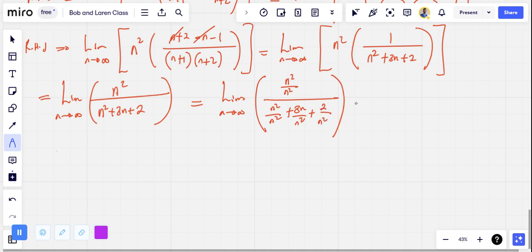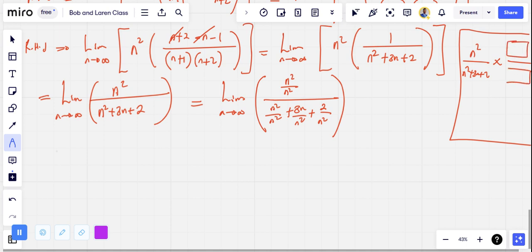And how did I come about this expression? It's from this concept: I have n squared over n squared plus 3n plus 2, that is this expression here. What I did was multiply both the numerator and the denominator by 1 over n squared.